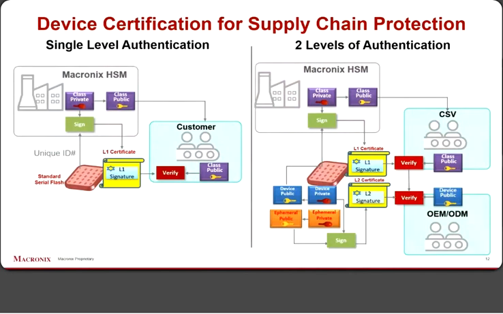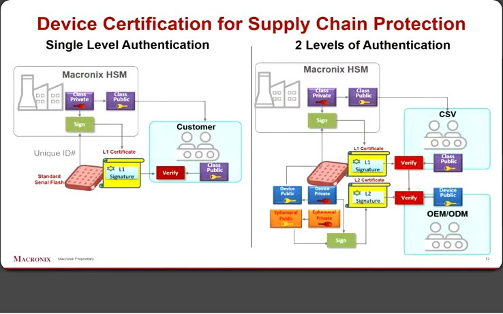So in this case, at the first level, it looks a lot like what's on the left-hand side. We produce the key pair, and then we provide the public key to the chipset vendor, and then we create the signature for level one, and then the chipset vendor can verify that by reading the certificate and verifying the signature themselves.